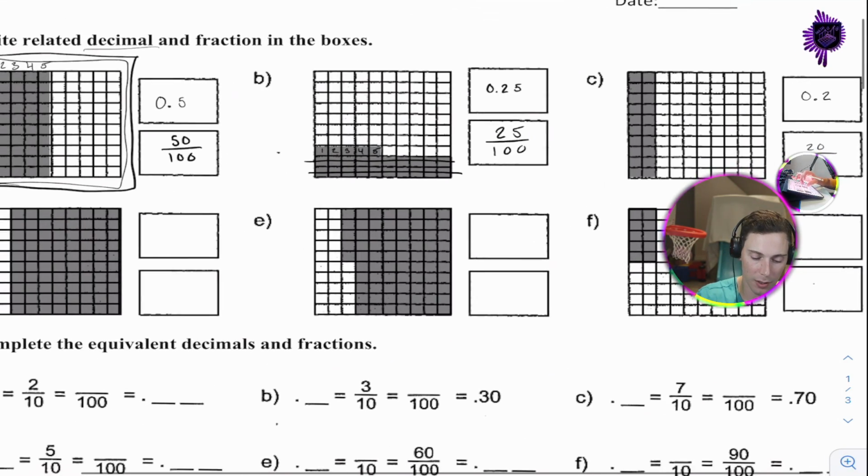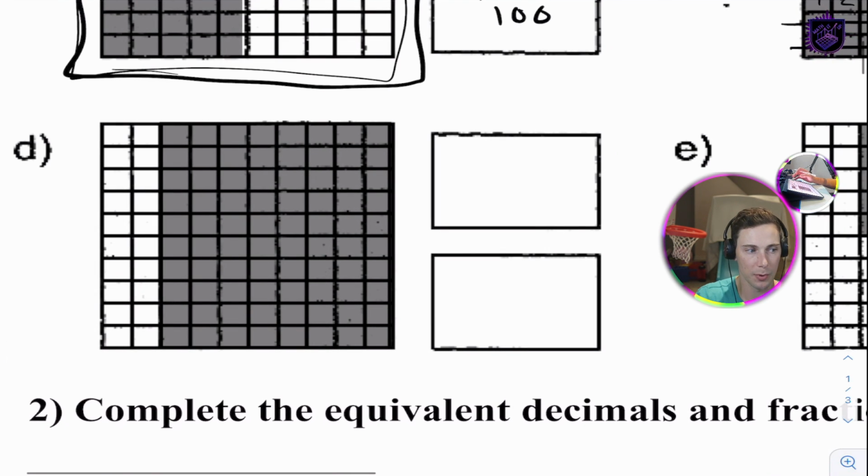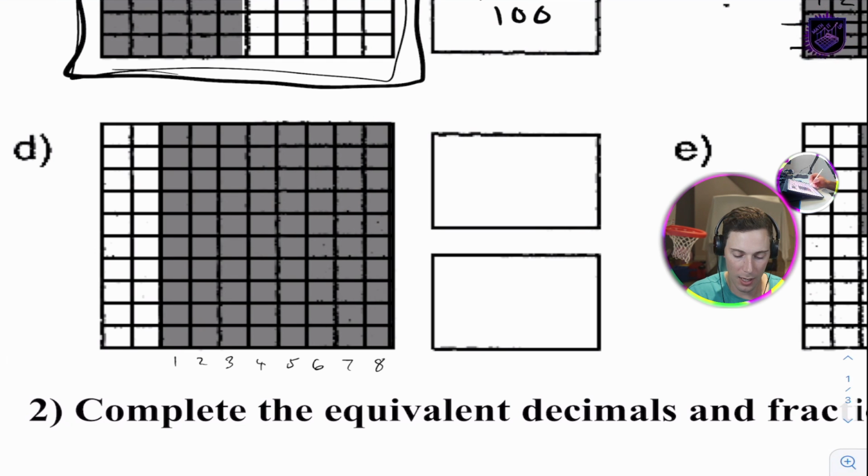All right, clipping along here. Let's do the next one. Letter D, problem D. This one is going to be a similar solution. We're going to look at what we have. We have 8 groups of 10. Each one of these rows has 10 in it.